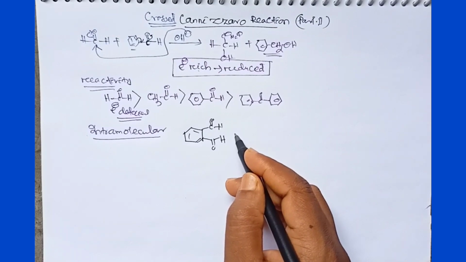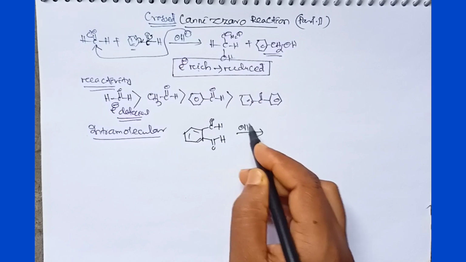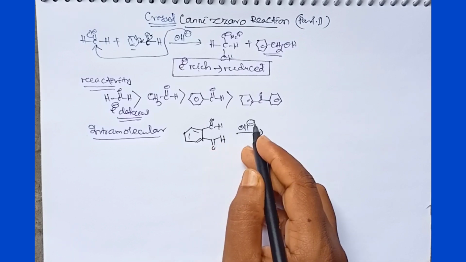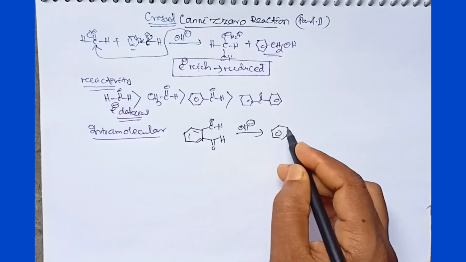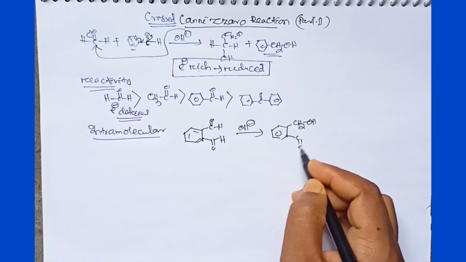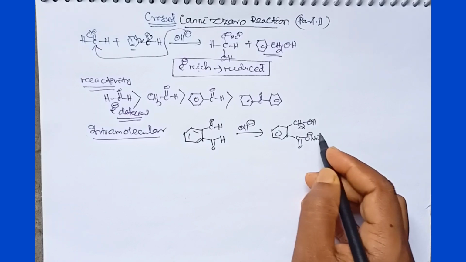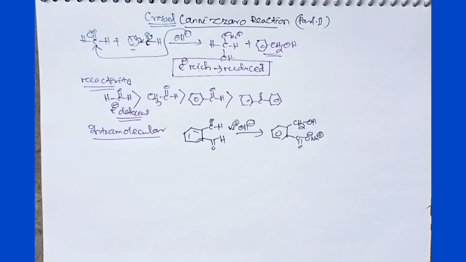Out of these two aldehydes, obviously at one of the centers the attack of OH minus takes place, so one will be reduced and the other will be oxidized. This is called the intramolecular Cannizzaro reaction.